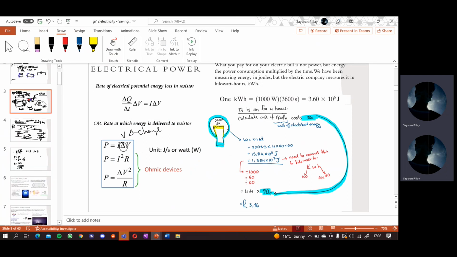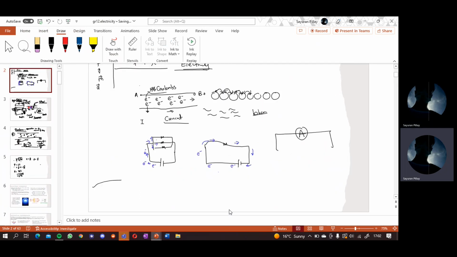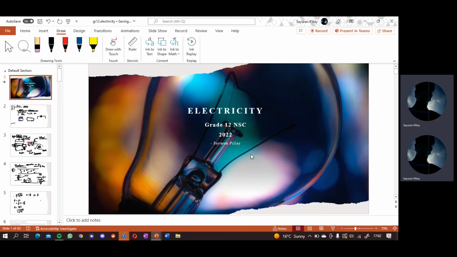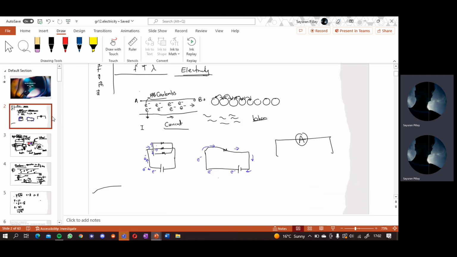I'm just going to go back to current very quickly. I didn't finish giving you the formal definition, which is rate of change of charge. So it's a rate of charge flowing through a conductor. And the rate of something in physics, as we said, power is the rate of work done, you just divide by time.